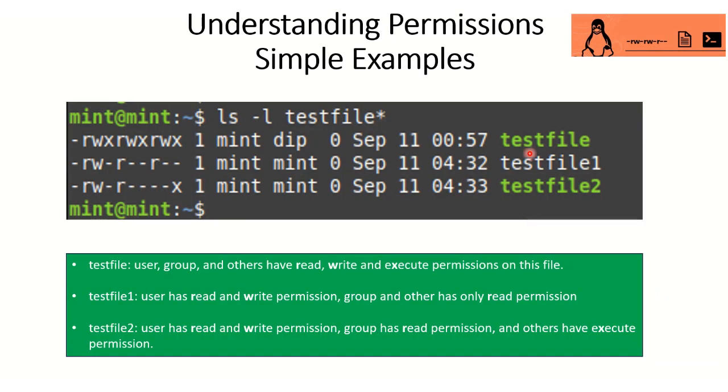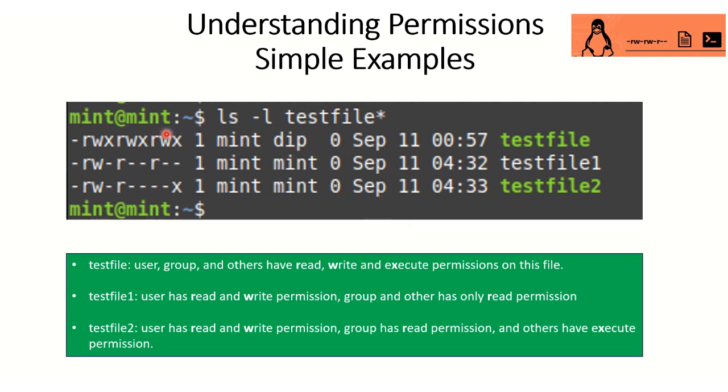I also want to mention that these permissions are not additive. That means users, group and others, each mode needs to acquire those permissions separately. Now let's see some examples.